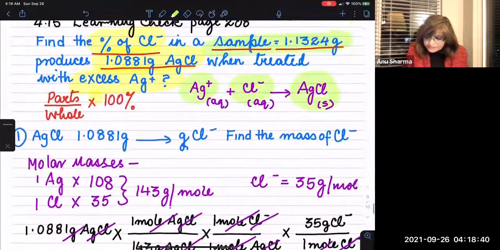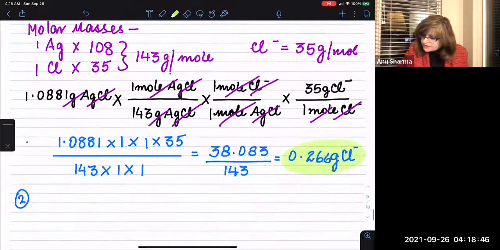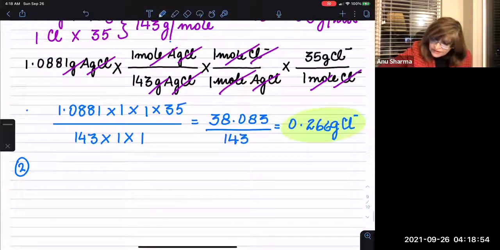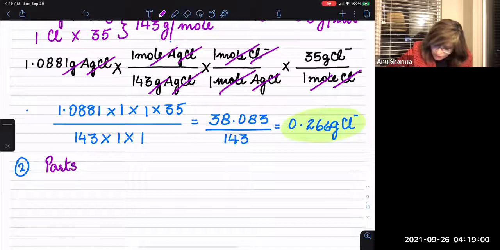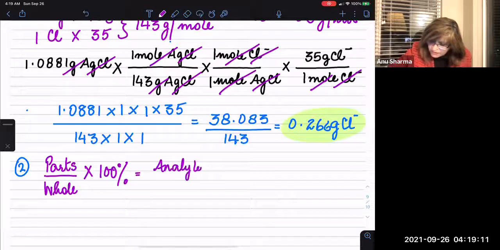Now you're going to take this, this is a part, right? 0.266 grams over the total weight of the sample, which was 1.1324, times 100. So here we have the parts of the analyte over the whole of the sample, times 100%. So in other words, the weight of analyte in grams over the weight of the sample in grams times 100%.